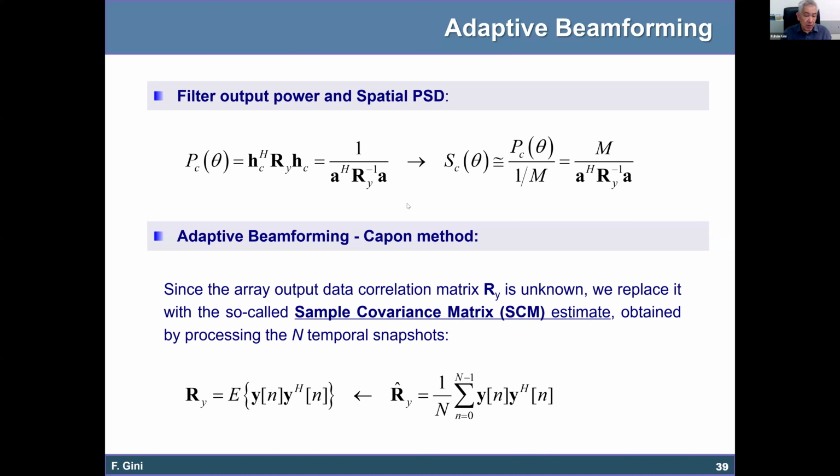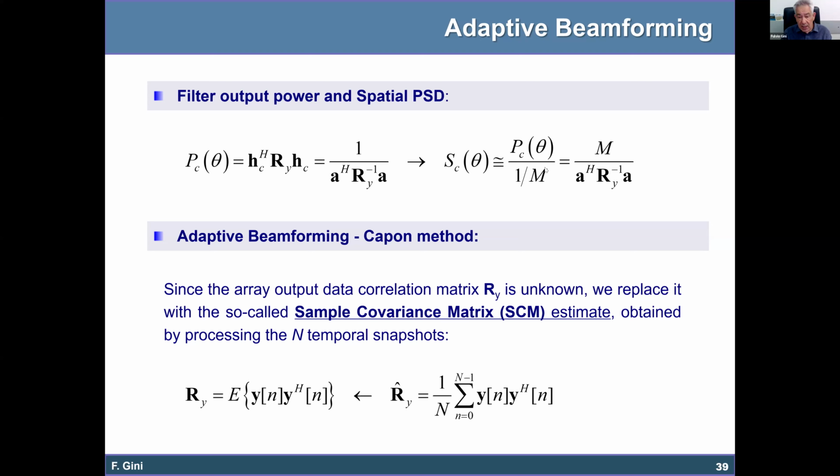We can use Capon also to estimate the spatial power spectral density, exactly in the same way as we use the classical beamformer. In fact, this is an estimate of the power. If you replace H with the expression of the Capon beamformer, you find that this is the power estimated by using Capon.